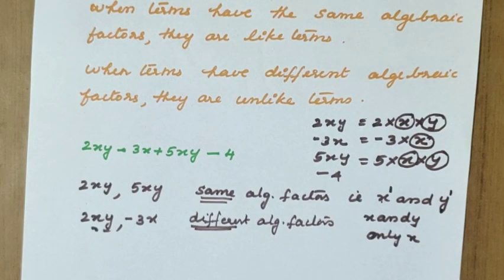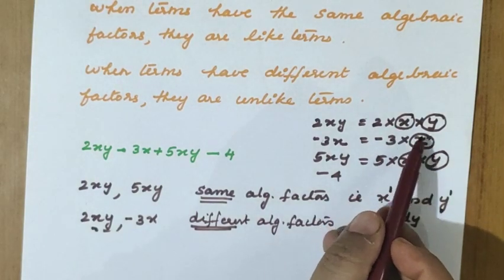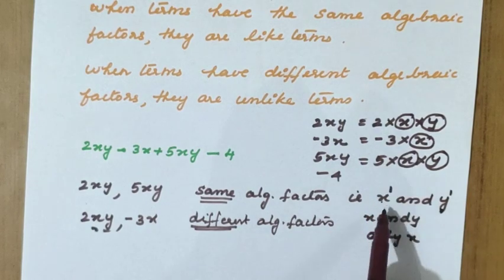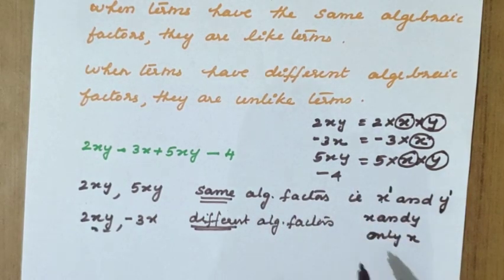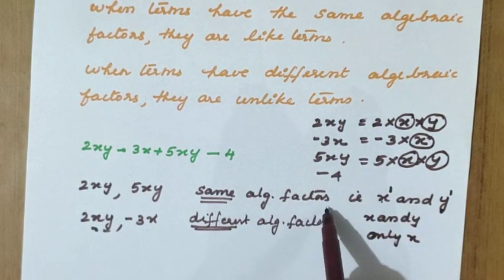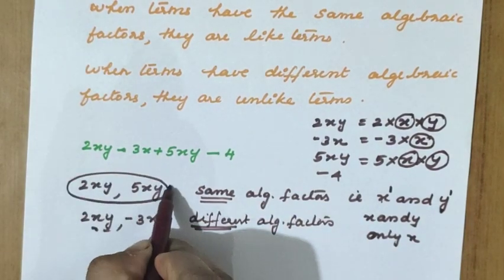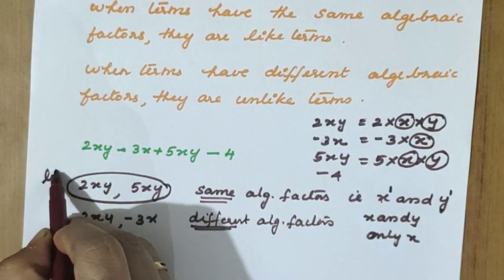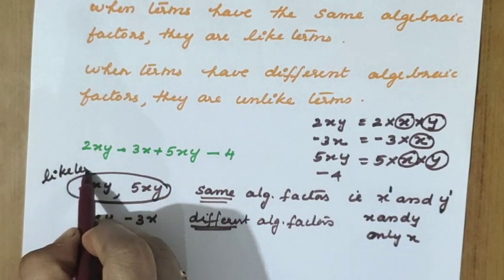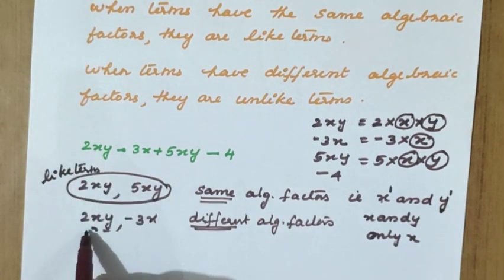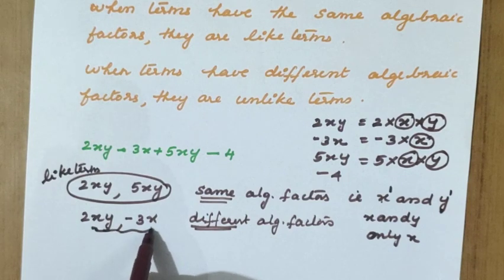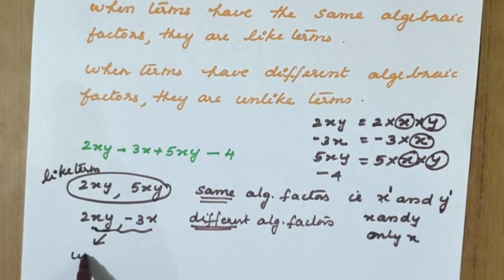We have to check which algebraic factors they are, and if they are the same with the same power, then we can say that they are like terms. So we are getting the same algebraic factors in the case of 2xy and 5xy, so they are called like terms. When they are different, they are called unlike terms.